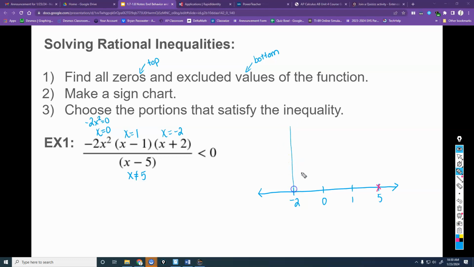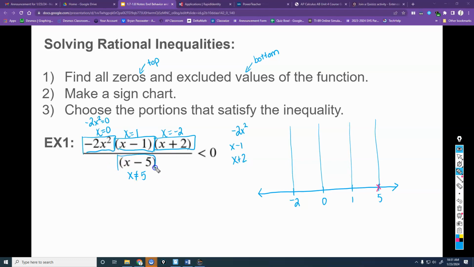And then, like we did on our polynomial problems, we're going to take each piece, top and bottom, and put it over here on the side. So I'm going to have negative 2x squared. I'm going to have x minus 1. I'm going to have x plus 2.